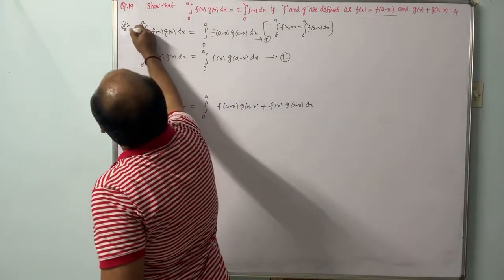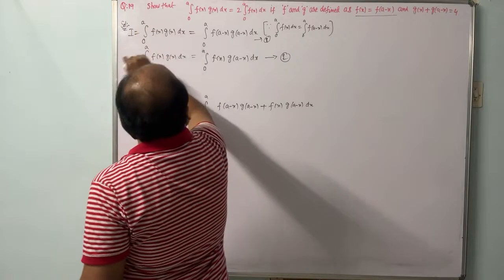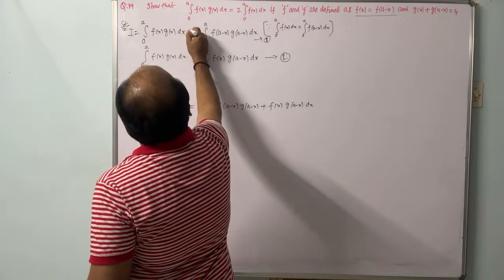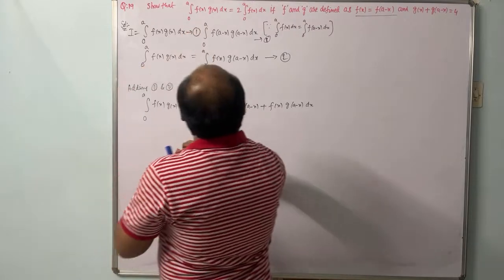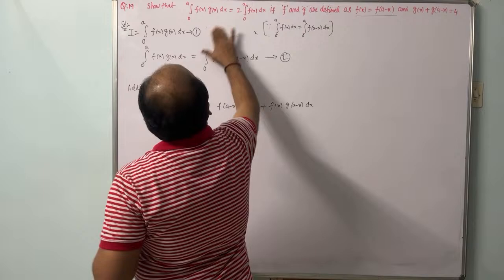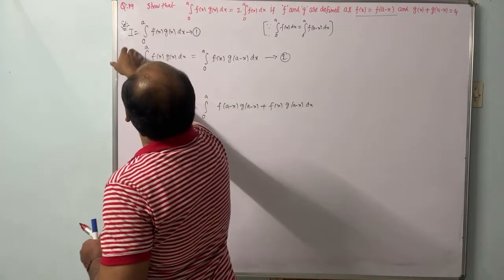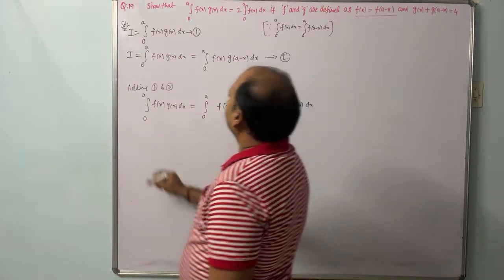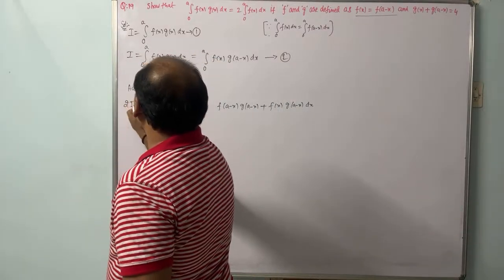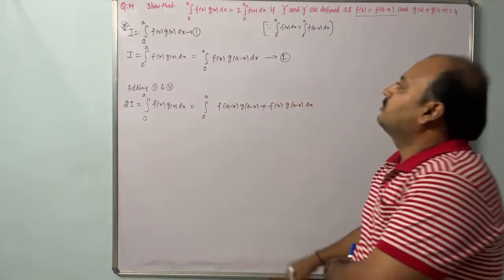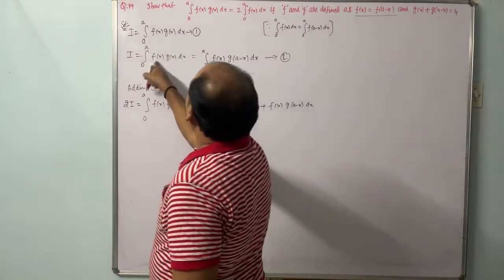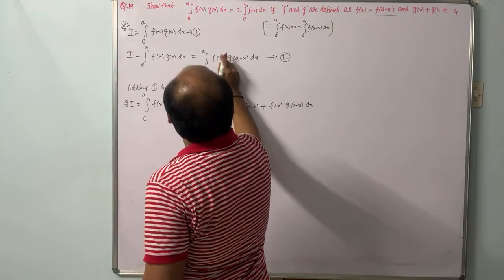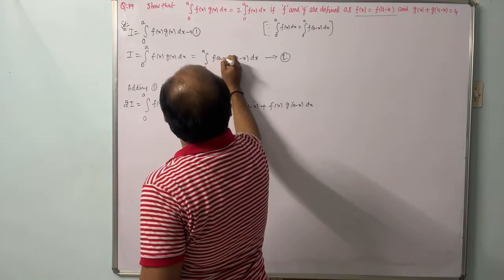First, the given integral itself is I, that you can take as equation 1. Later on, this equation will become this one. So I plus I is 2I, equal to this. Wherever f of x and g of x are there, you can replace with a minus x.